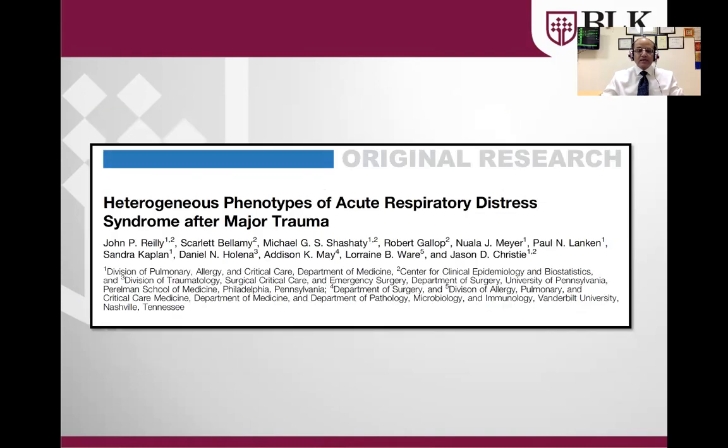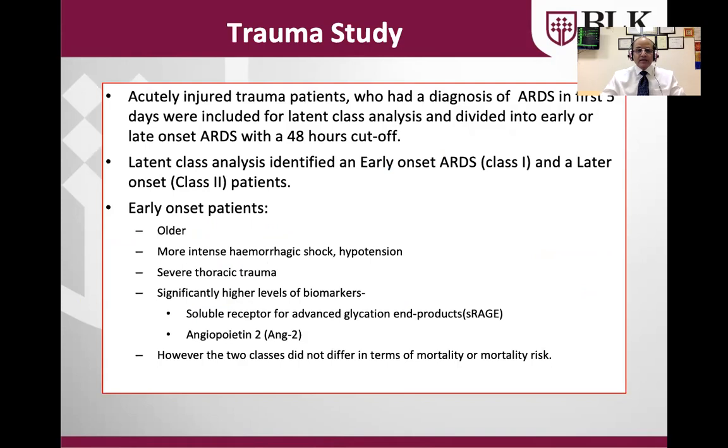And from the earlier Calfee studies, we know that if the biomarkers are high, then we can use a higher level of PEEP. They are the serious patients where the mortality is high. This was another paper where they looked at phenotypes of ARDS after major trauma, and these were acutely ill patients.